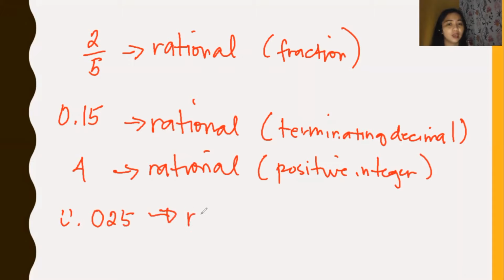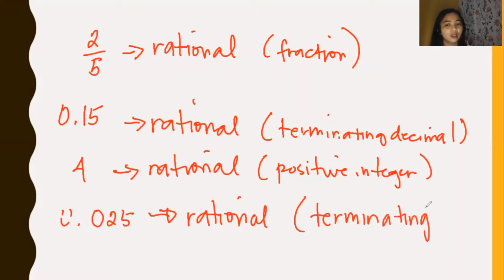Ito pa rin ay rational kasi nagtapos yung decimal. Terminating decimal. Alright. These are examples of rational numbers. Let's have another example.